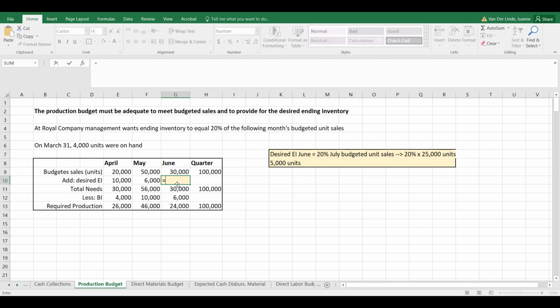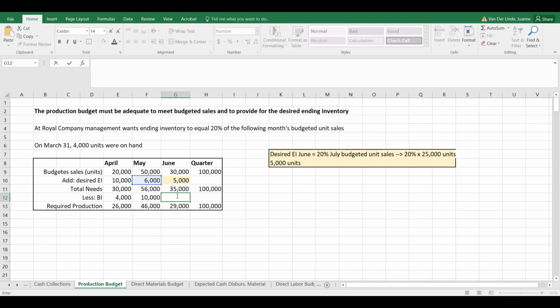So 20% of July's budgeted unit sales, which is 25,000 units, is 5,000 units. So not only are we estimating to sell 30,000 units in June, but we want 5,000 left over in inventory. So we need a total of 35,000 units for June.